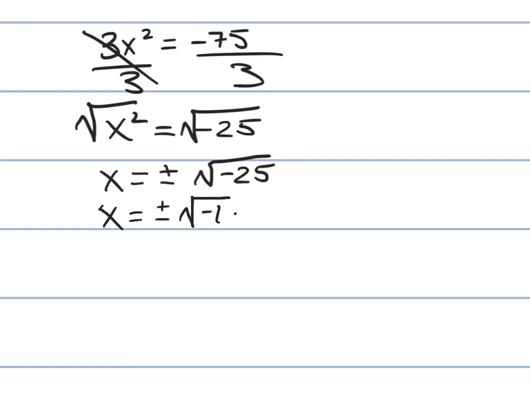Good. Square root of -1 times the square root of 25. Okay, i times 5, or x is equal to plus or minus 5i. Positive 5i and negative 5i are both answers.